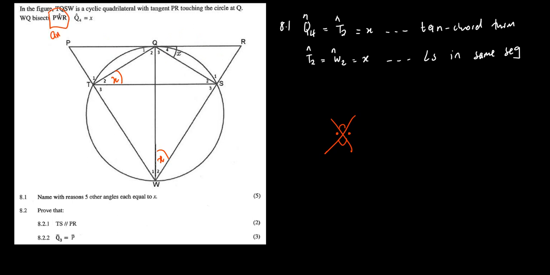Do you agree? Right. Look at PWR. That is the angle there. So if WQ is bisecting the angle, it's cutting it into two, isn't it? Exact.